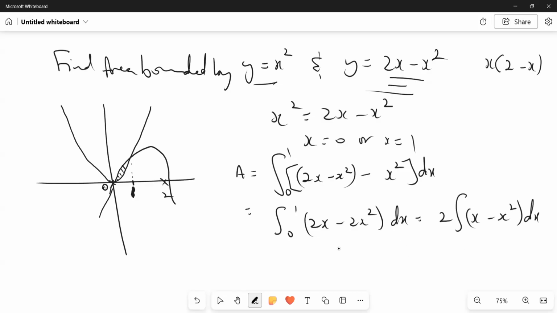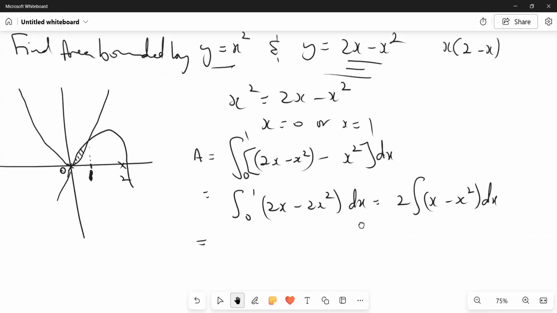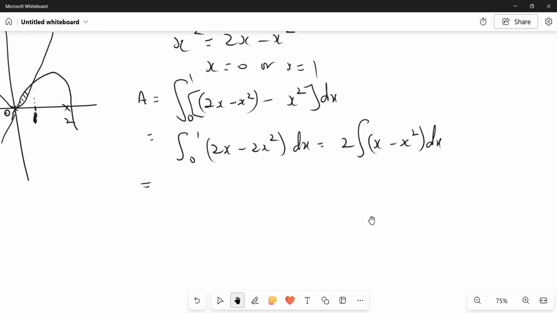Leave the 2 outside and I have to move up this whole thing. Pull this 2 in front, you get what? 2 bracket, integrate that, you'll get x squared over 2 minus x cubed over 3, from 0 to 1.